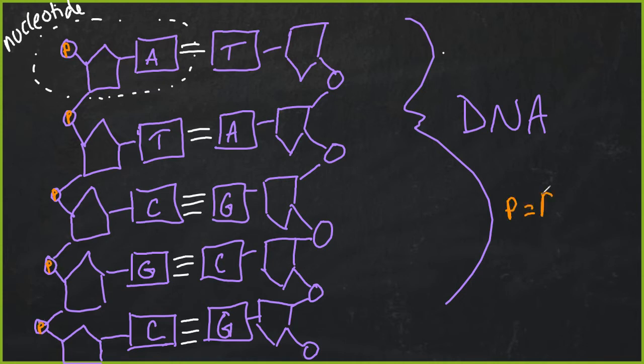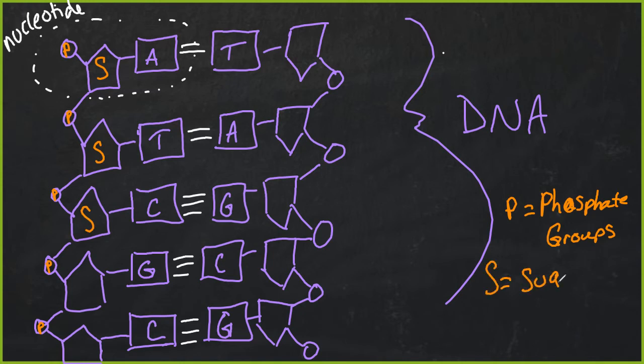So P equals phosphate. Really, these are phosphate groups. Okay, and then we also have our sugar. So here's our sugar. And keep in mind, we're dealing with DNA, so this is going to be deoxyribose. And it's the same over here.